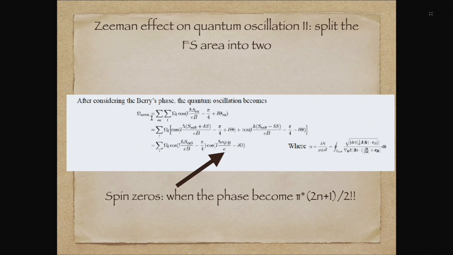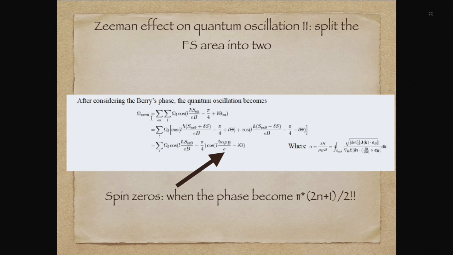So you have to combine this Fermi surface area splitting and the Berry curvature splitting, you have to combine these two effects to determine the right behavior of the quantum oscillation. Because you split the Fermi surface into two, you got two frequencies.